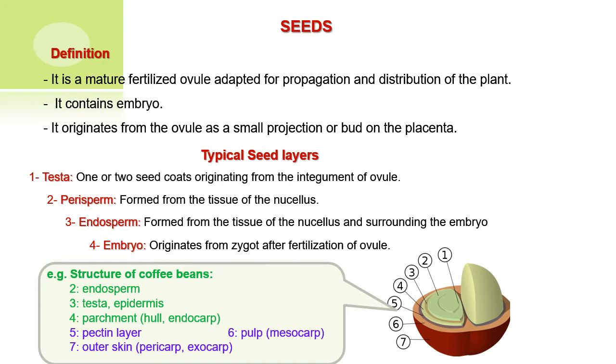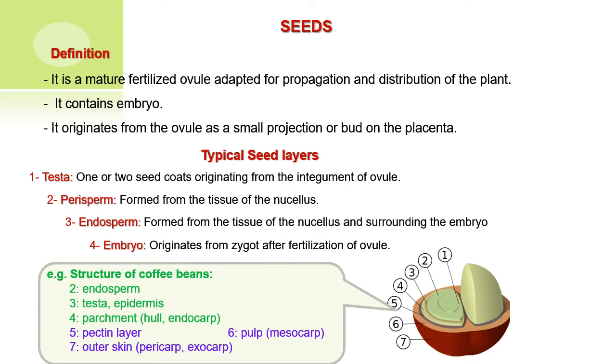After the testa we have the perisperm, which is formed from the tissue of the nucellus. Endosperm is formed from the tissues of the nucellus surrounding the embryo, containing reserve food material as aleurone grain or fixed oil globules. And finally, the innermost layer is the embryo, which originates from the zygote after fertilization of the ovule.